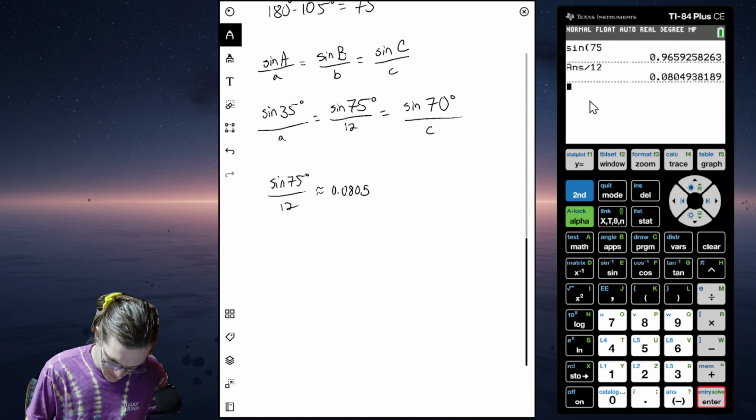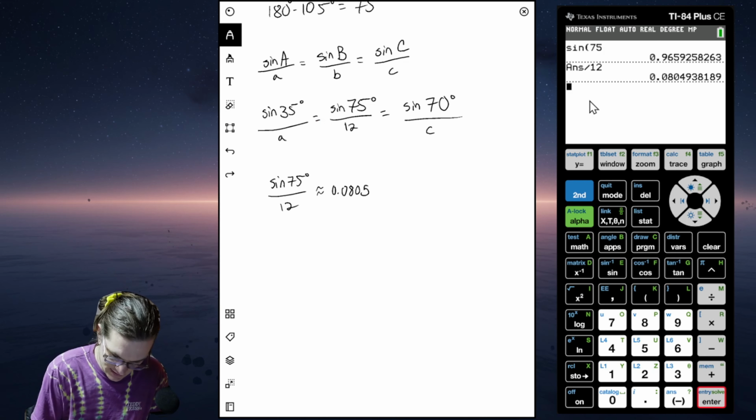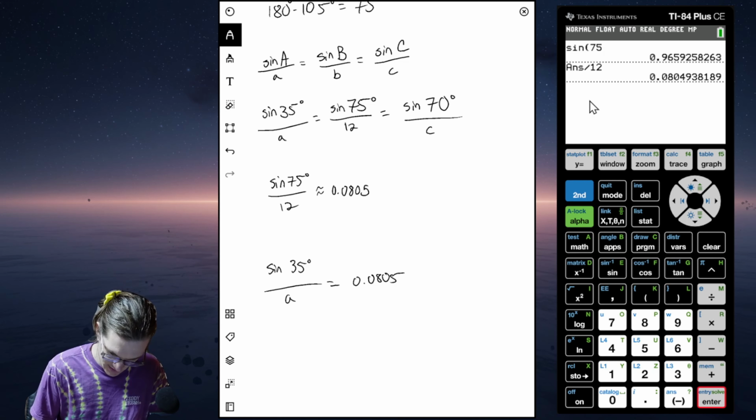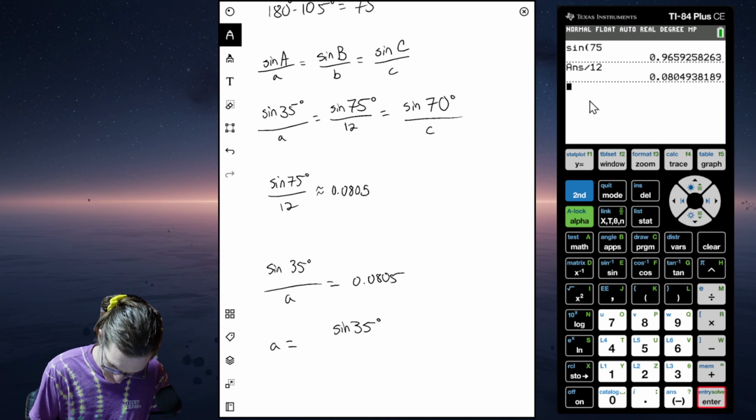And so the next step would be to say, okay, well, these things are all equal. That's equal to that. That's equal to that. So that means sine of 35 degrees over A equals 0.0805, okay? And you can move this over here. So A is equal to sine of 35 degrees over 0.0805.